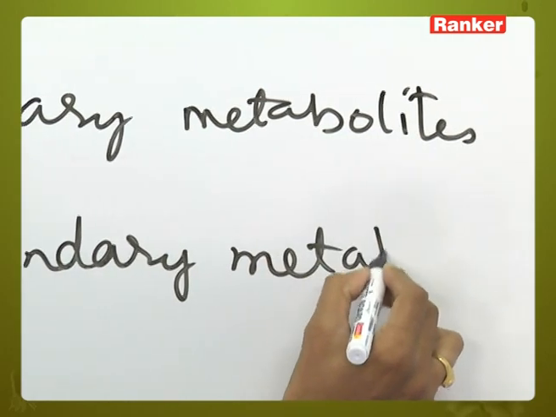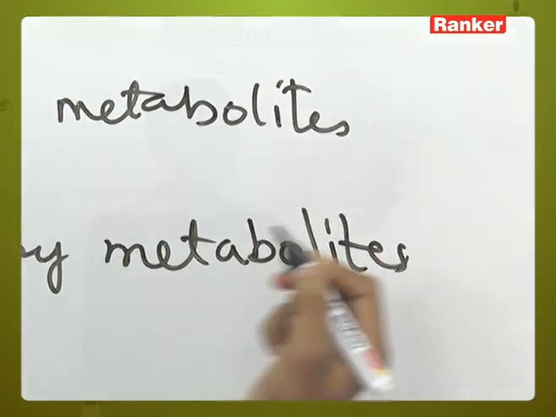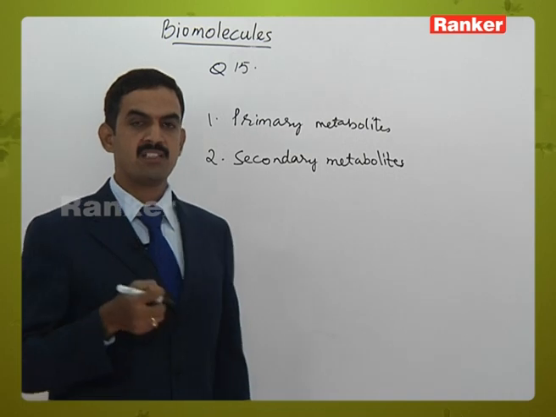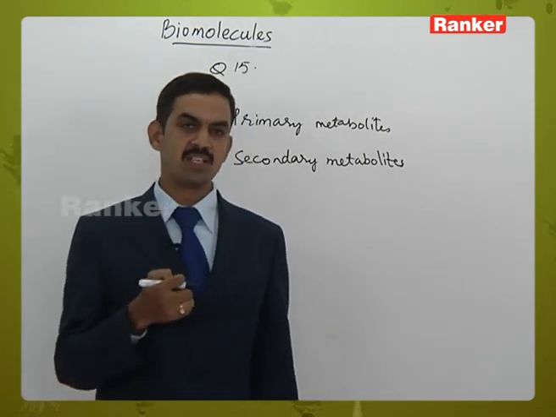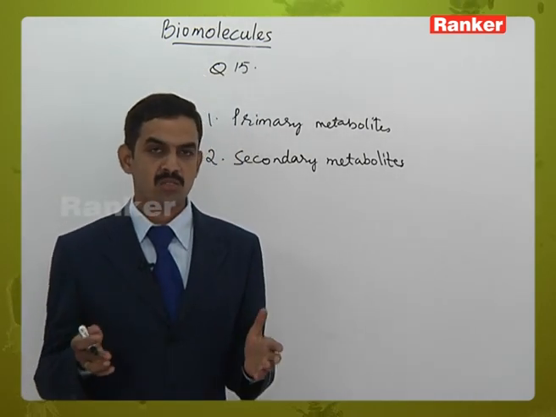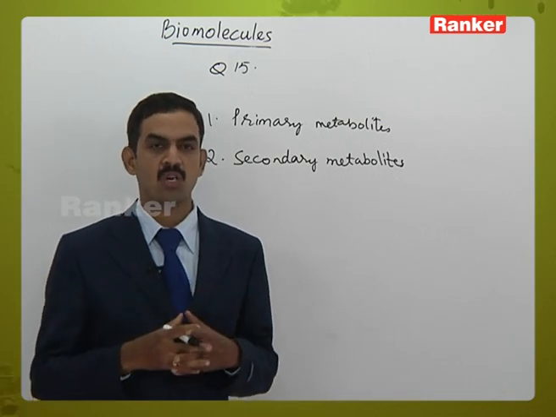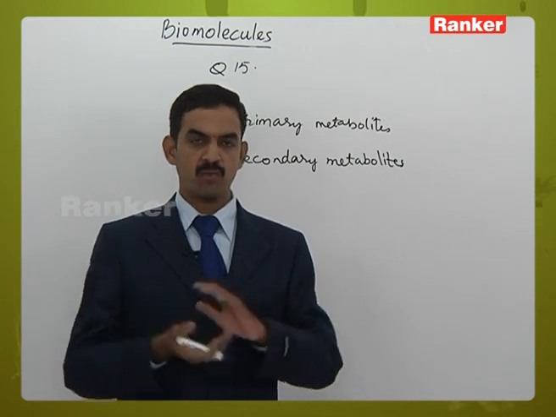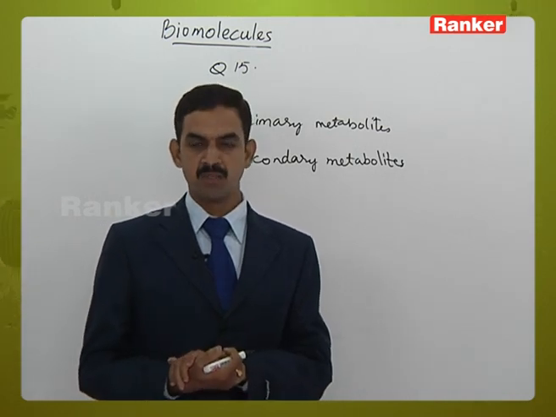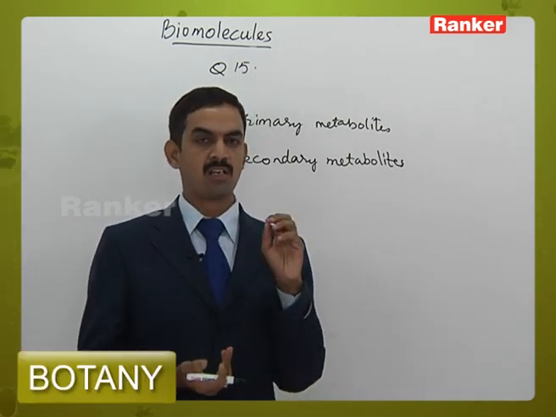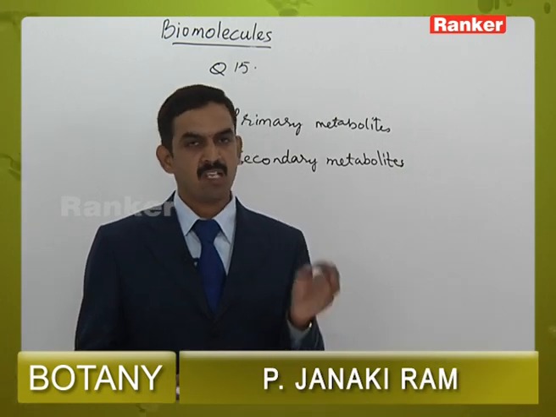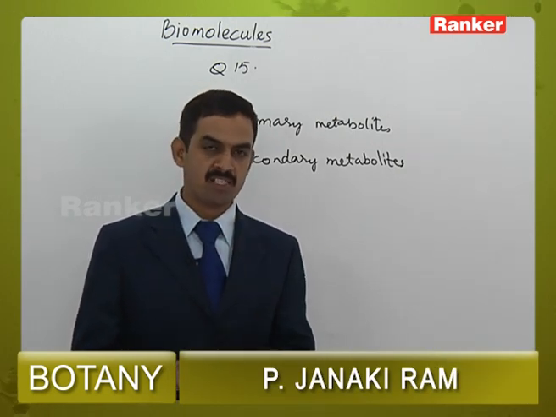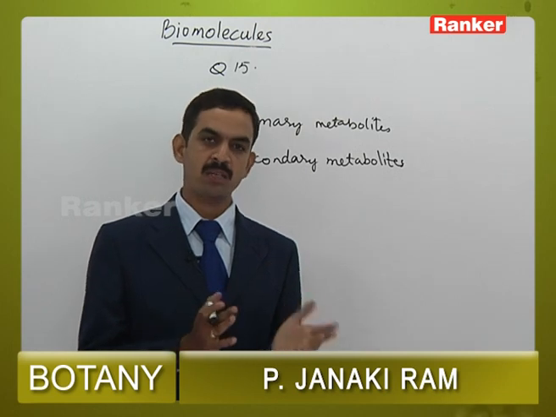We know that inside a cell or in a living system, there are thousands, or we can say millions, of organic molecules. Out of all these organic molecules present inside a cell, do we think that all of these have a specific function which is useful for that living organism? It may or may not be useful.